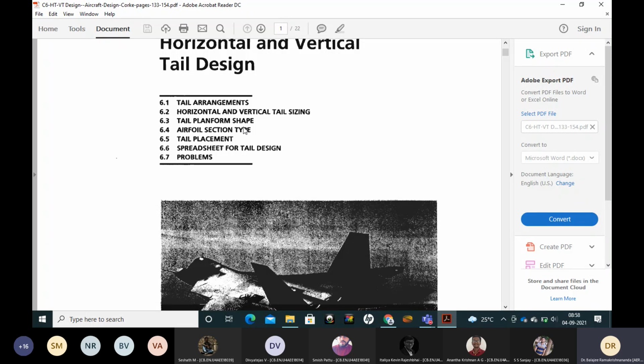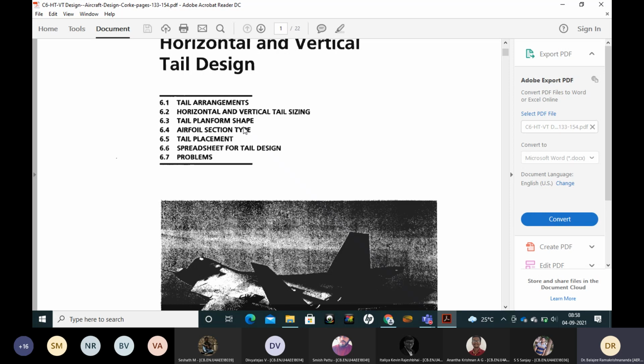In the sense, you have to go back again, and at this time you would have chosen this LHT and VHT from historical values. The relative position of these two you have to vary a little bit so that they don't interfere with each other. It will actually affect something called spin control. Like if the aircraft enters into a spin, you will be able to recover from that.